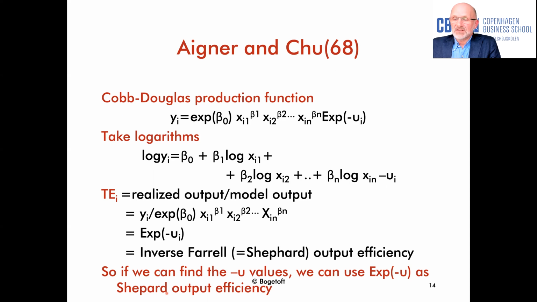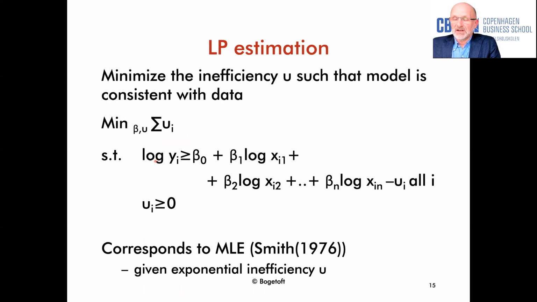Now, how can we estimate these parameters? Assuming that we want a function that sits on top of the data, so all data points are below, then we basically need that the logarithm of y must be larger than or equal to this one here, and we want to make these u terms, what we subtract, as small as possible, because we want to have the line sitting as close as possible to the data points.